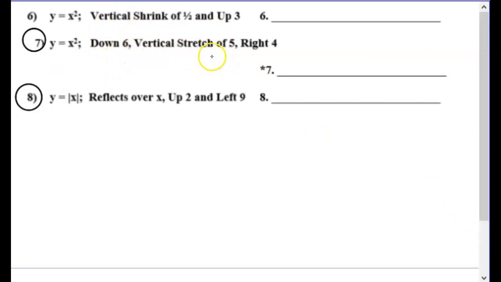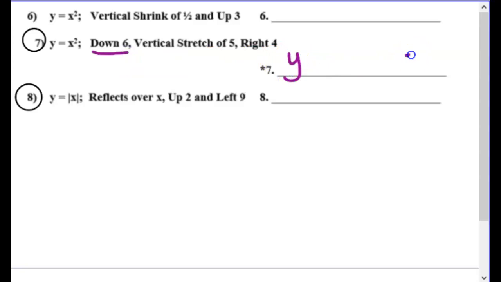Down, vertical shift, horizontal, vertical stretch. Right 4. The order doesn't matter here, it's the reflections. So we can just do this in any order we want. Down 6 is what, guys?